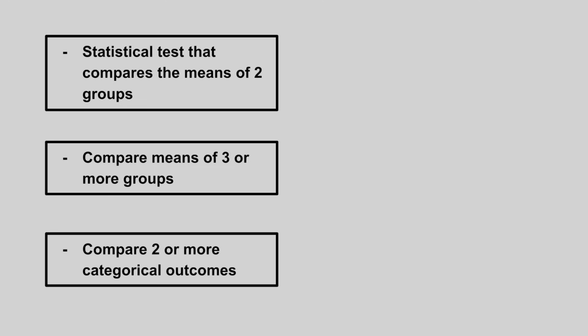Okay, now we'll be talking about types of statistical tests. The first one compares the means of two groups. This is the t-test. The next one compares the means of 3 or more groups. This is ANOVA.